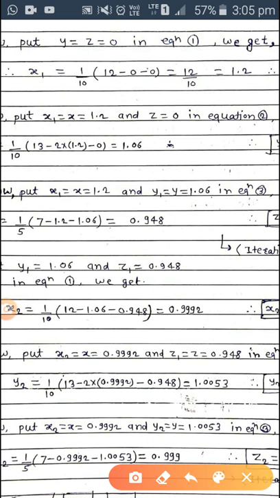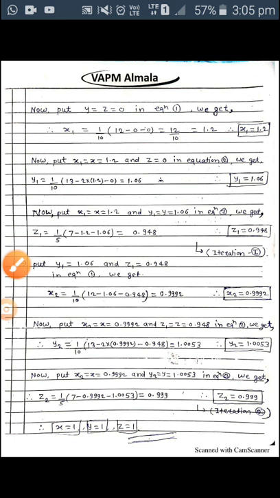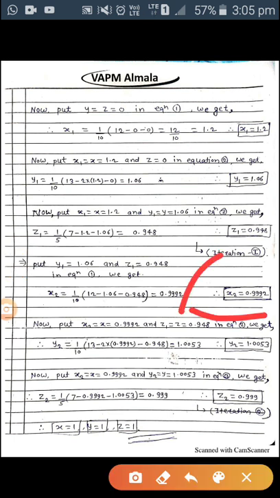Consider y1 as y and z1 as z, that is 1.06 and 0.948. Put these values in equation number 1. Therefore, we get the second value of x, x2 = 0.9992.